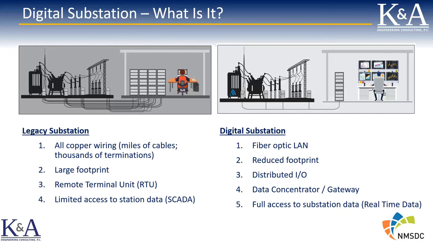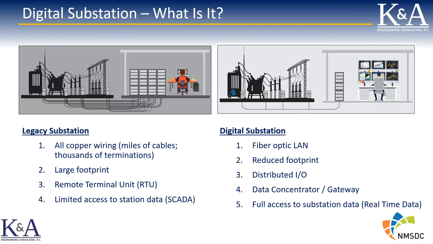The other thing you'll find is that a digital substation has a reduced footprint in comparison to a legacy installation, and that's primarily due, first of all, to the reduction in cabling and cable runs, but also to the fact that a digital substation uses advanced microprocessor-based protection relay devices. These are very powerful devices that can accommodate multiple functions within a single box. They perform multiple roles within the substation, so we don't have dedicated equipment for each particular function.